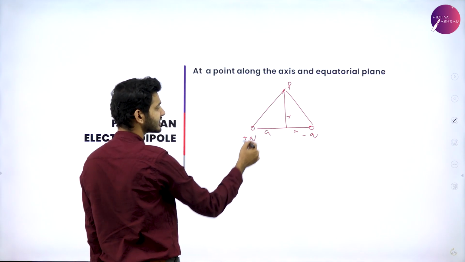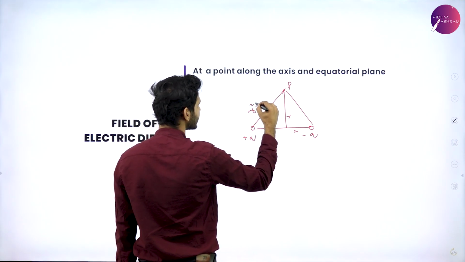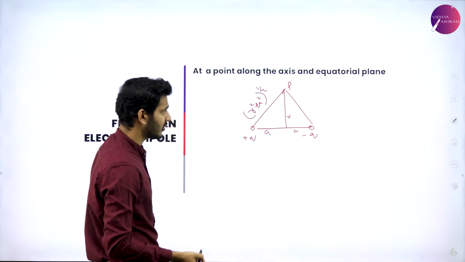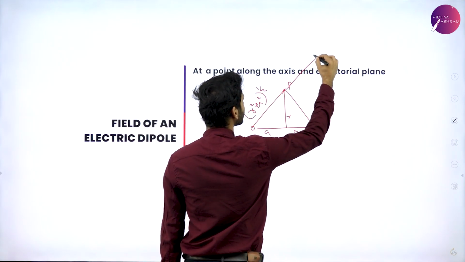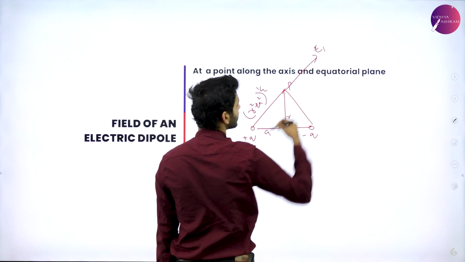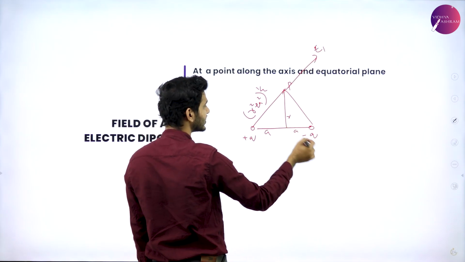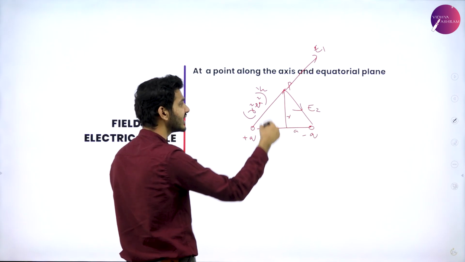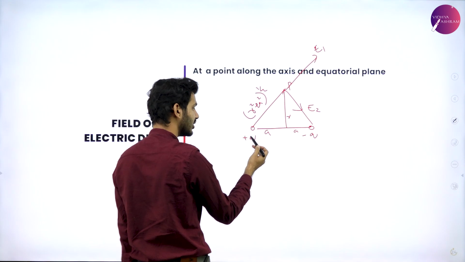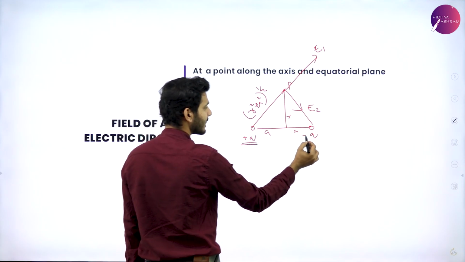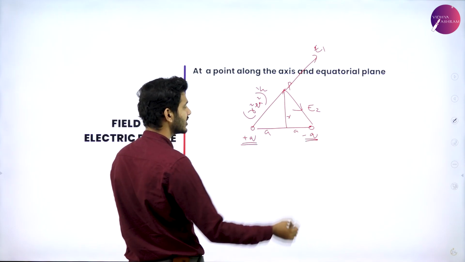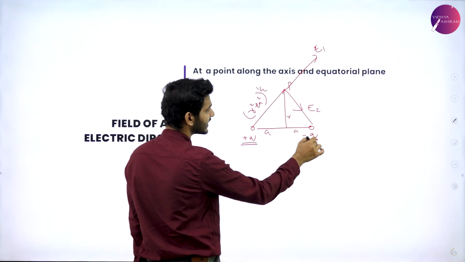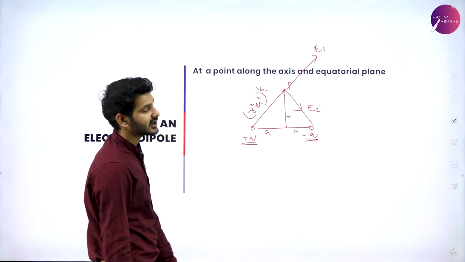We found this distance to be r square plus a square whole raised to 1 by 2, and we found that the electric field E1 due to plus q was in this direction, and E2 was in this direction, that is inwards, and E1 was outwards because it was a positive charge and this was a negative charge. So due to a positive charge, the electric field was pointed outwards, and due to a negative charge, the electric field lines were pointed inwards.